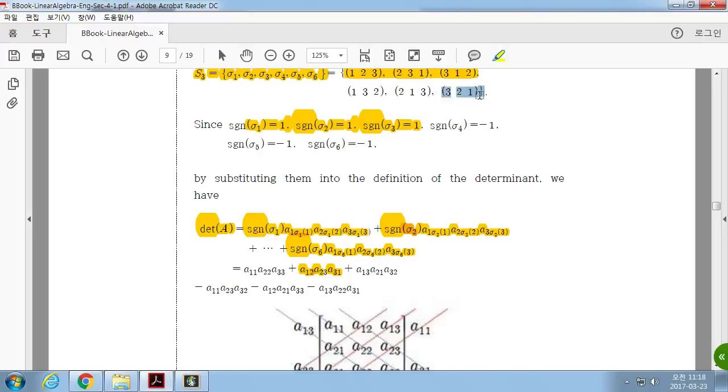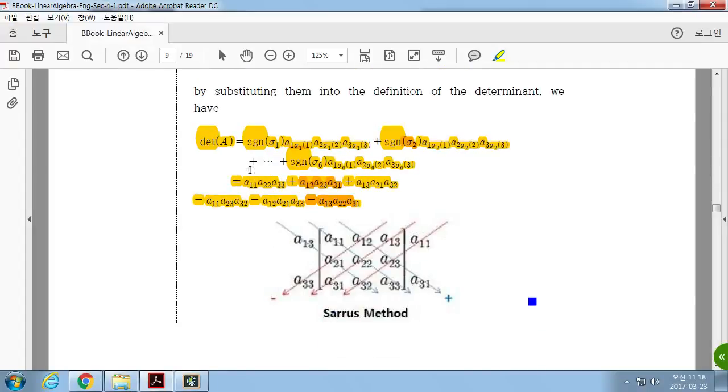For example, for this one, 1 goes to 3, so A13, 2 goes to 2, A22, 3 goes to 1, so A31, with the negative sign, because this was an odd permutation. So we have 3 terms from the 3 even permutations and 3 terms from the 3 odd permutations. These 6 terms can be found in this way.